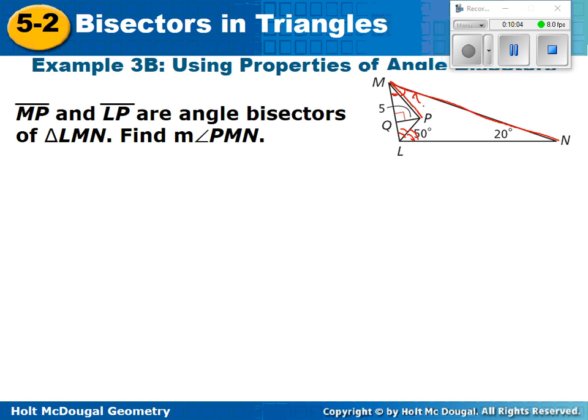So tell me some things you know that might be helpful here. Okay, so this has been bisected, so this angle is going to be the same as QMP, whatever that angle is. Okay, MQP is 90. What else do we know?